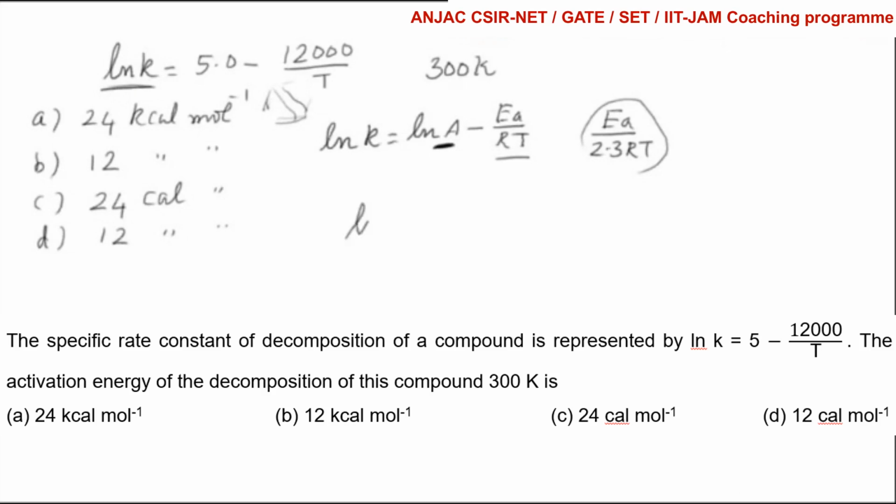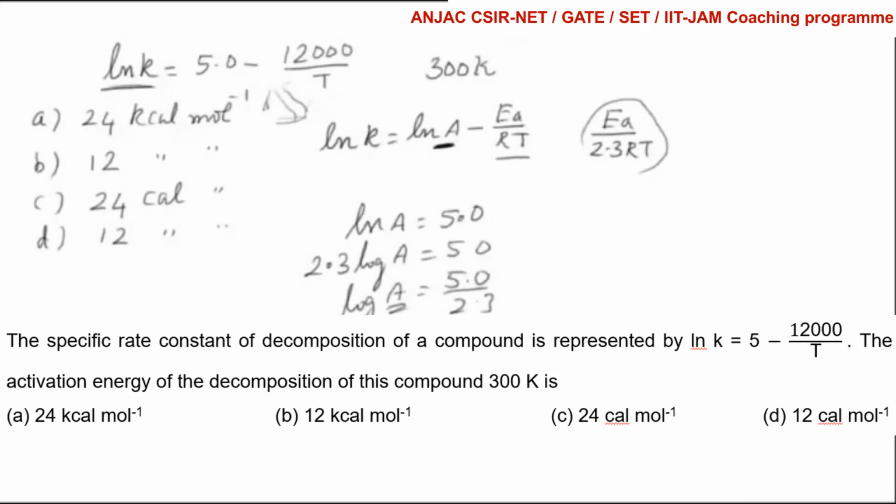That is, log A is equal to 5. Then what is the A value? If it is asked, convert log A equal to 5, and for A, find the anti-log.